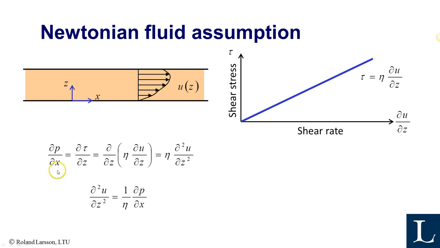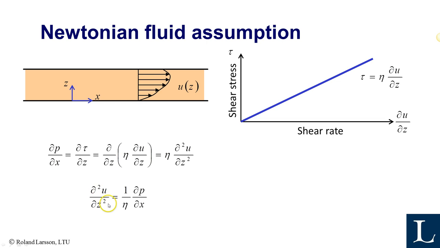So if we take the load equilibrium equation we already derived, dp/dx is the same as dτ/dz, and we know that tau is according to Newton's law. Put it into the tau here, that becomes this one, and since eta is constant, it's an isoviscous case, we can take it out from the parentheses, and suddenly you have this expression.